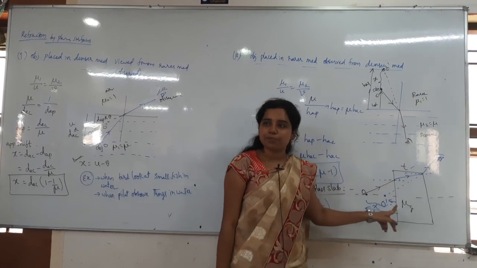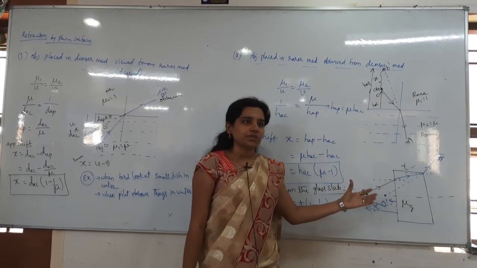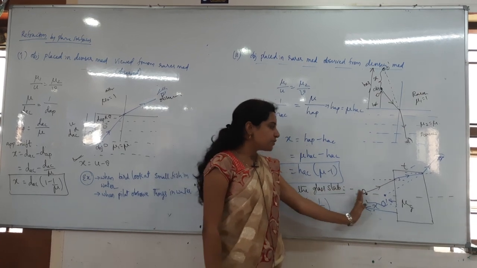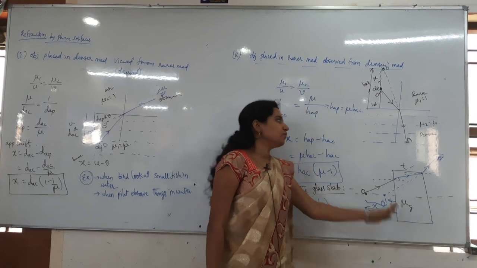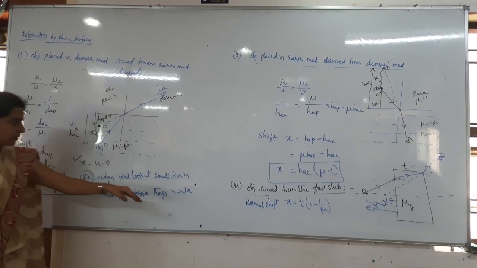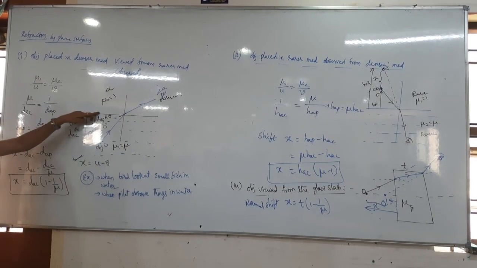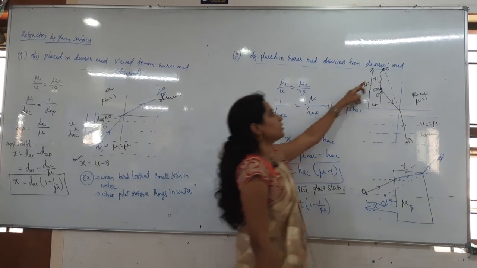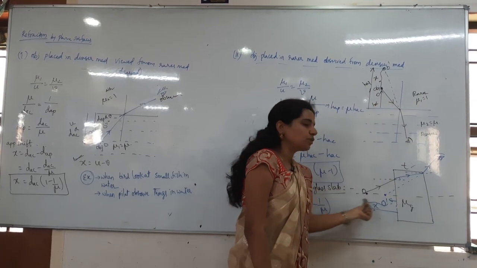That is O dash, the apparent depth, or the apparent shift. So this is completely shifting normal to the boundary. Whatever shifts we have discussed so far are all normal shifts only.